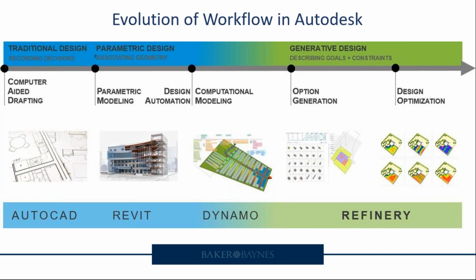So what we are going to talk about today are the tools that can help to create these hundreds or thousands of options and then help us to optimize our designs by choosing the best option.